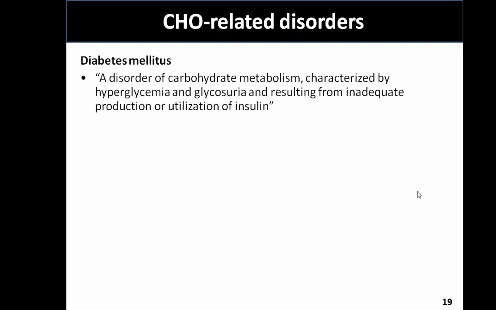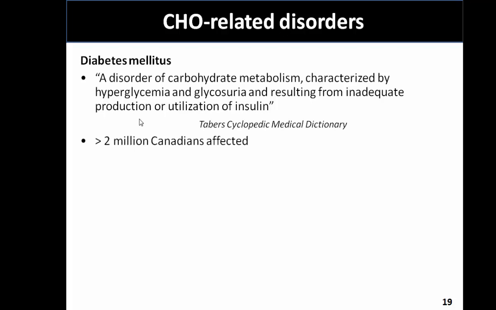Diabetes mellitus is a disorder of carbohydrate metabolism that's defined by two key signs: hyperglycemia, a higher than normal amount of glucose in the blood, and glycosuria, a higher than normal amount of glucose in urine. This results from the inadequate production or utilization of insulin. We'll discuss these in a little more detail as they relate to the different types of diabetes mellitus.